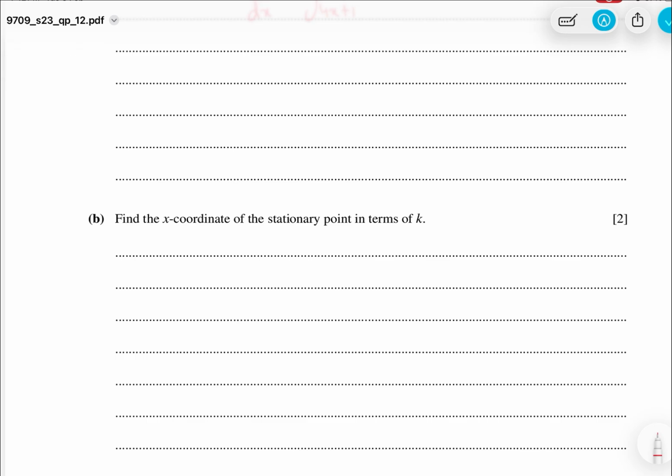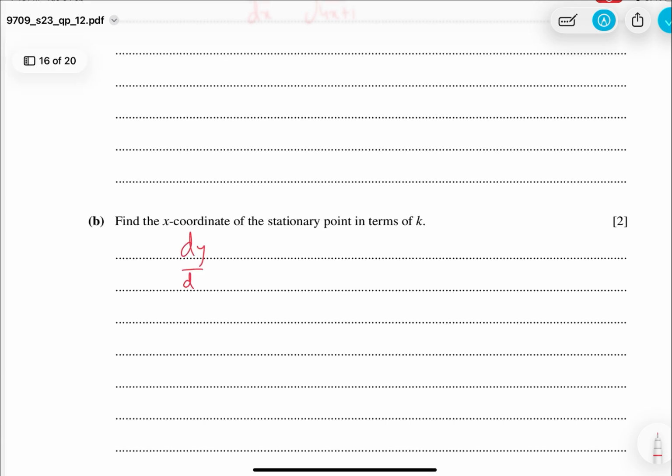Find the x coordinate of the stationary point in terms of k. So for the stationary point, dy by dx will equal 0. So we'll put 2k times (4x plus 1) to the power negative half minus 1 equals to 0.